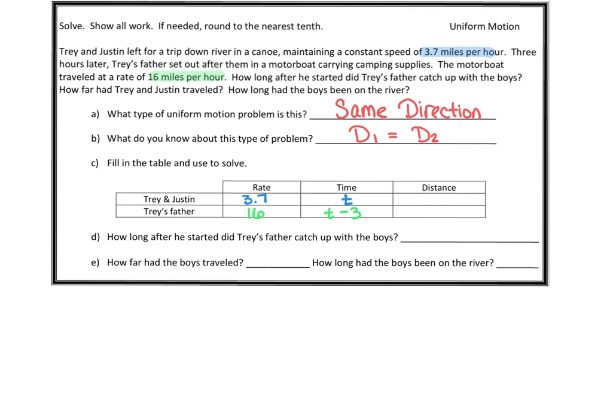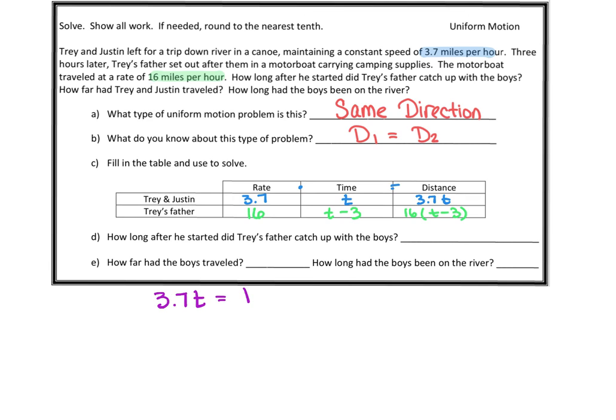And then as always, you just multiply across to get the distance. 3.7 times t, 16 times, don't forget to group the t minus 3. For same direction where they're catching up with each other, those distances equal each other. So that's exactly what I'm going to do.